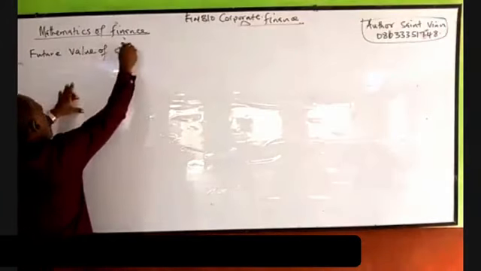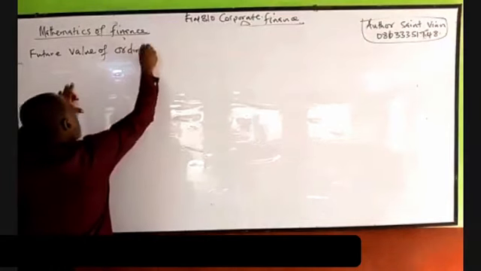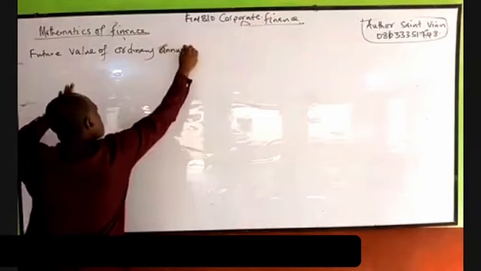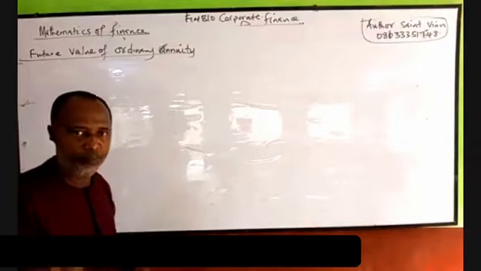But let's see. This one is future value of ordinary annuity. We are taking it gradually.